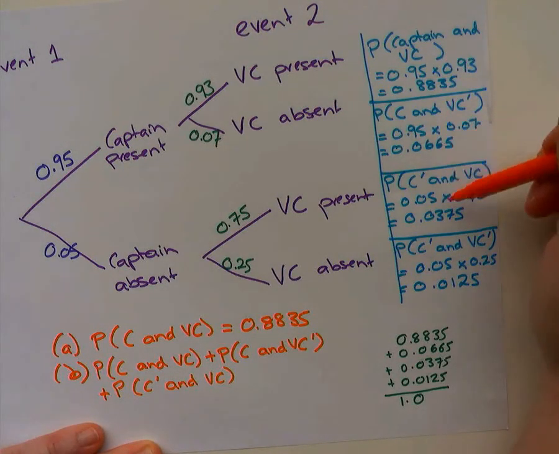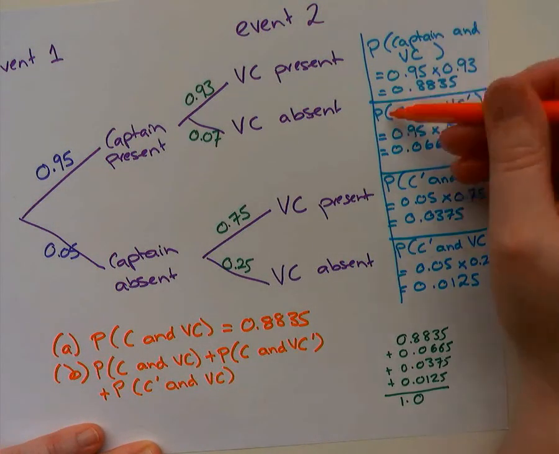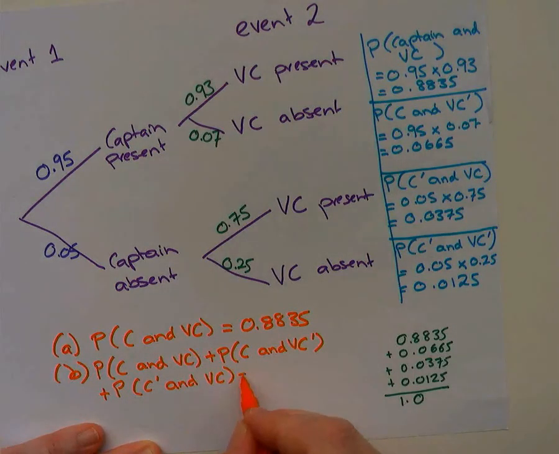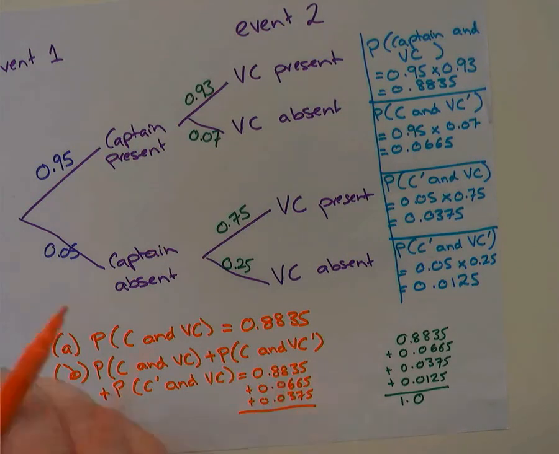And each of these three things, either both are present, captain's present, or the vice captain's present. So if I add those numbers up, 0.8835 plus 0.0665 plus 0.0375, that will add to 0.9875.